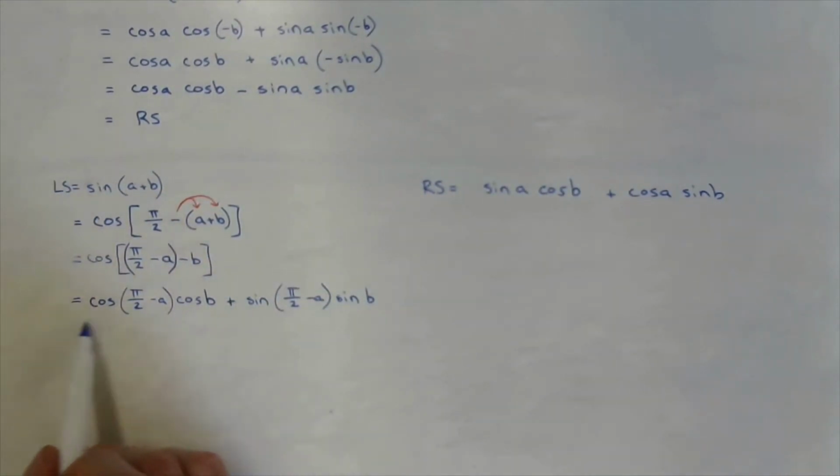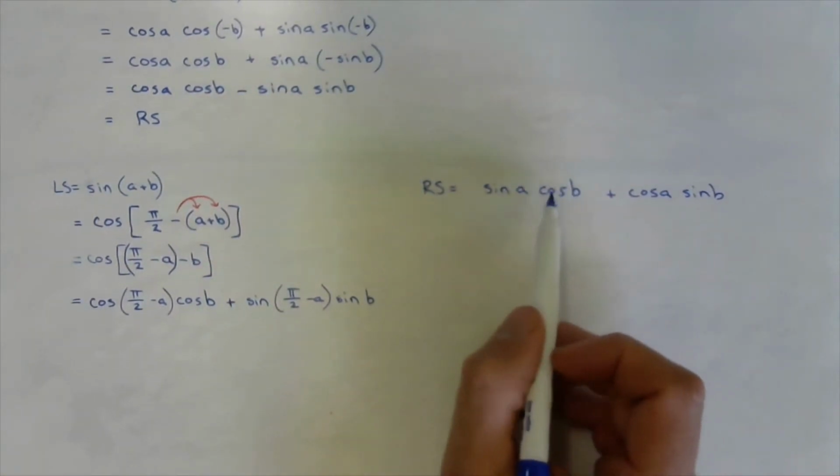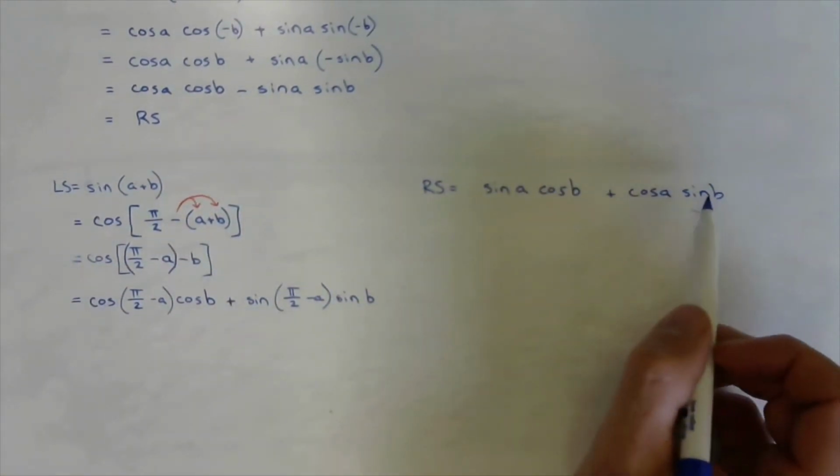I have a cos B here and a cos B here, and a sine B here and a sine B here.